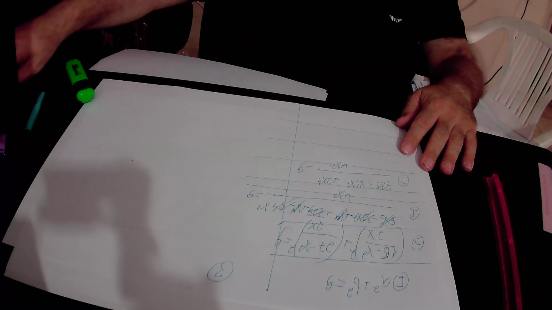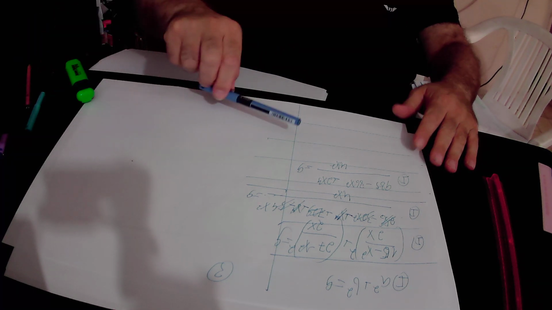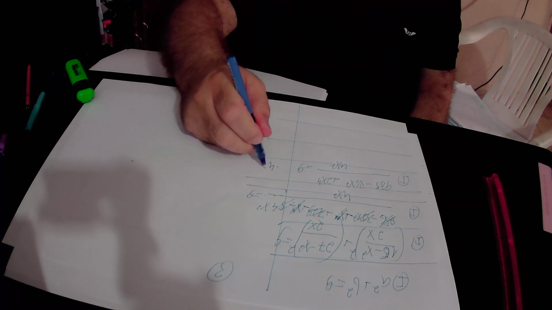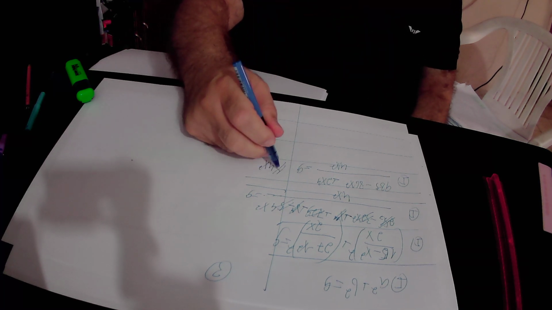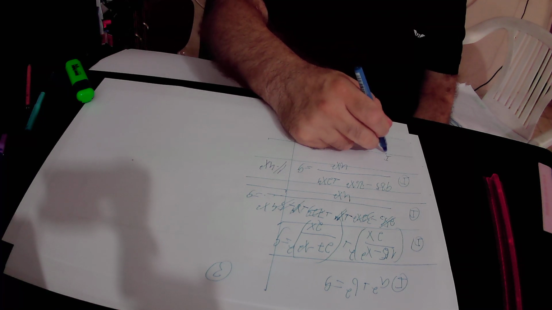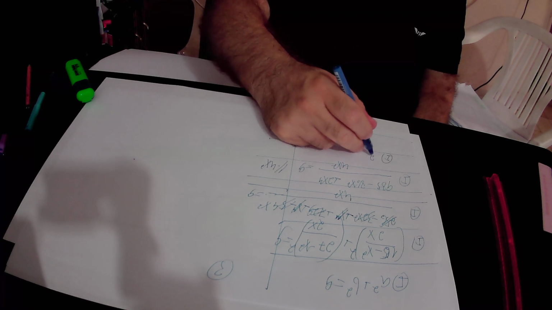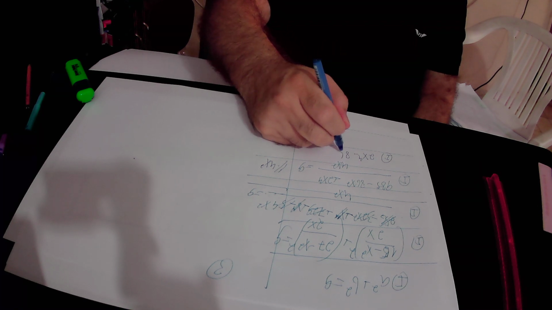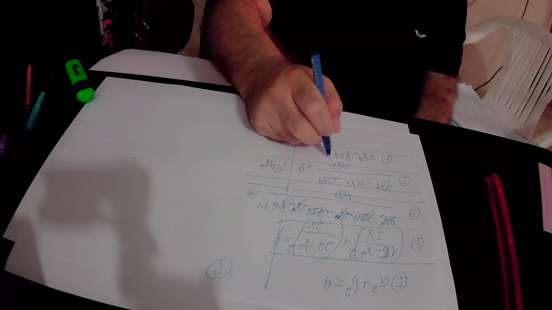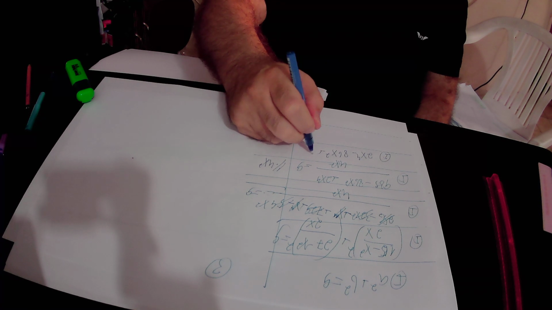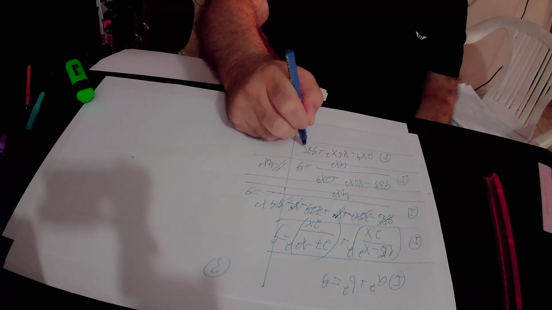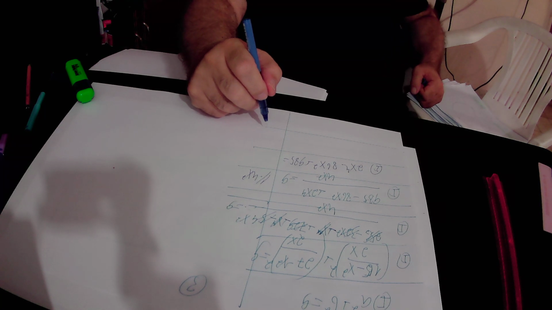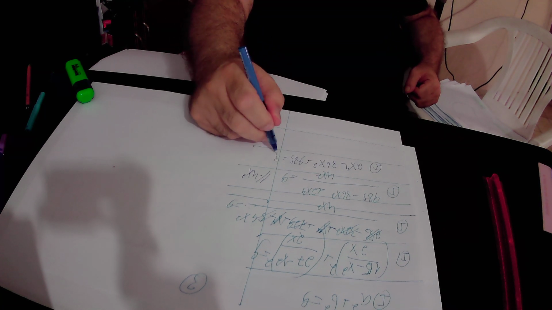So here we will multiply equation number 1 by 4X squared, and we get that 2 times X to the power of 4 minus 86X squared plus 985 equals 4X squared times 9, which is 36X squared.